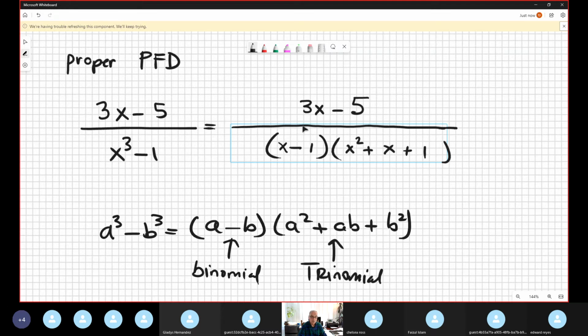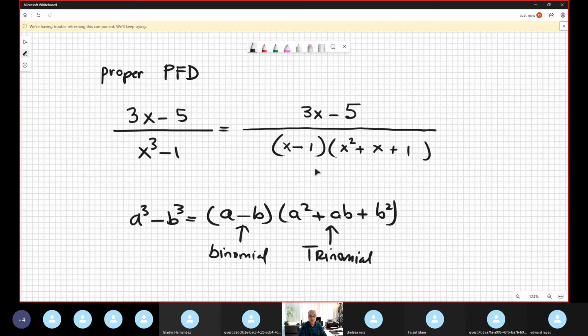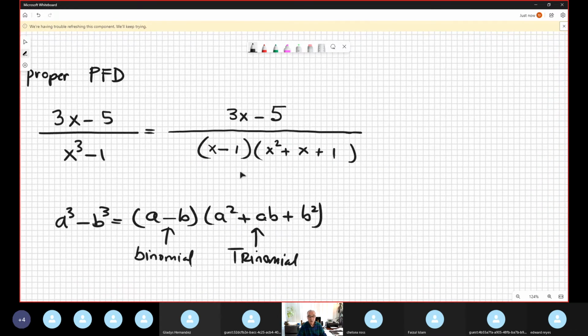And actually, directly, you obtain the LCD, because this is the LCD. The LCD is x minus 1 and x squared plus x plus 1.